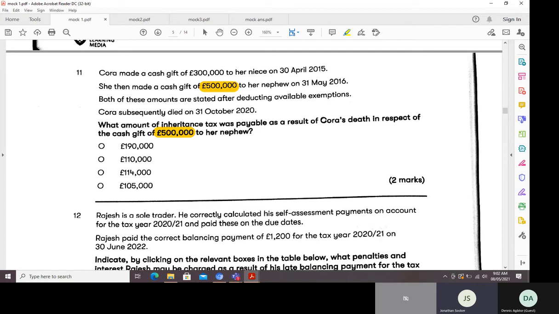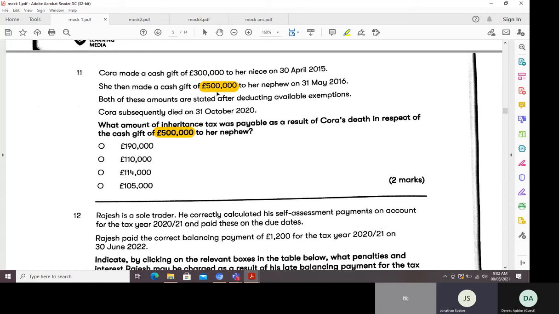Yes, if you survive for more than 7 years, these transfers will be exempt from death tax. However, where death occurs within 7 years, then we need to tax. The one we have to tax was made on 31st May 2016, and death occurred 31st October 2020. So that's about 4 years and some months. Since he didn't survive for more than 7 years, we are going to tax it.